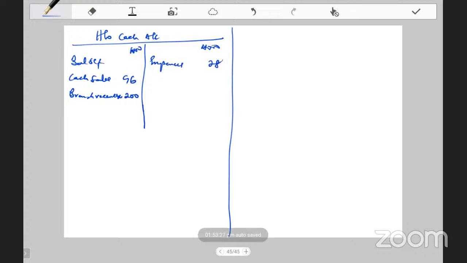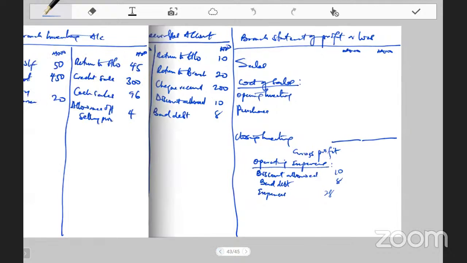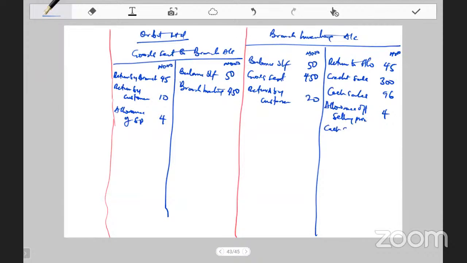That is 28. So that expense goes straight into my P&L. After that, I have cash sales stolen. The amount is 5. That goes into my P&L straight.